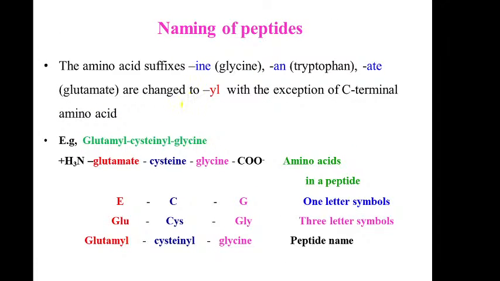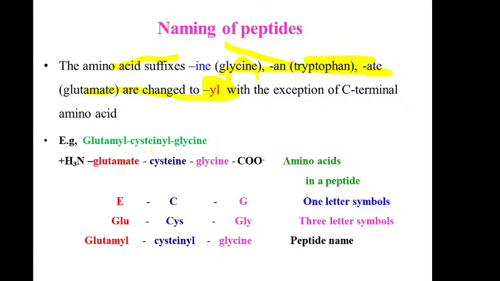Now after amino acids, we have to work on peptides. How do we add the suffix in peptides? So glycine, tryptophan, glutamate are changed into "-yl" when we are working with peptides, with an exception of the C-terminal amino acid.